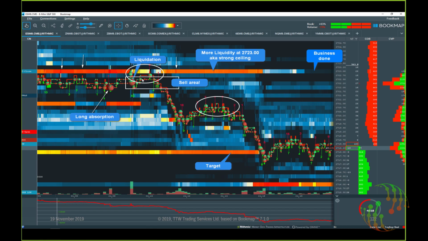So as you see in that second level down where you have the second circle from the left, at that 2720 area, 21 or 2075, you had some buy exhaustion there. Absolutely, yeah.